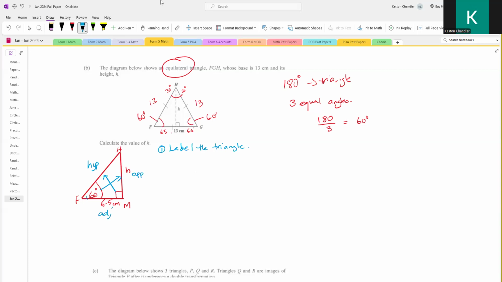One second, right, guys? Right, so we said the first step was to label the triangle, which I did: hypotenuse, opposite, and adjacent. I will then state what I have. State what is given. That's what my maths teacher used to make us do. So we have the angle, 60 degrees.